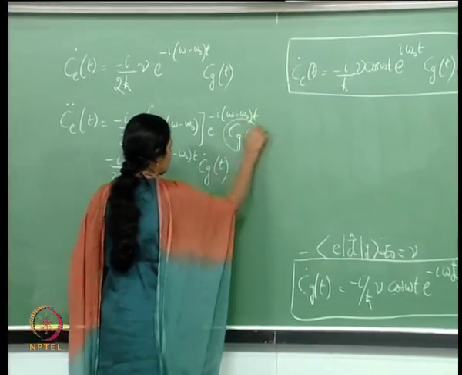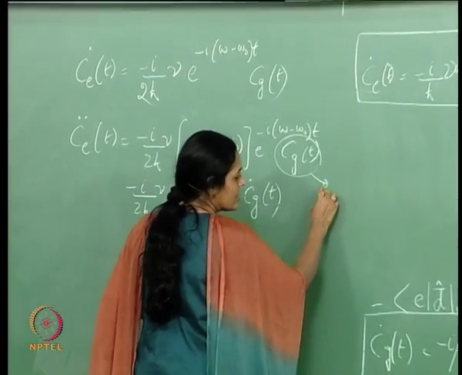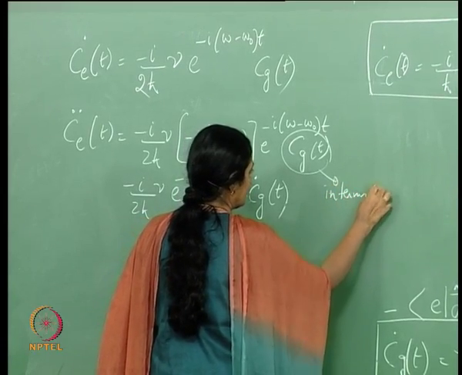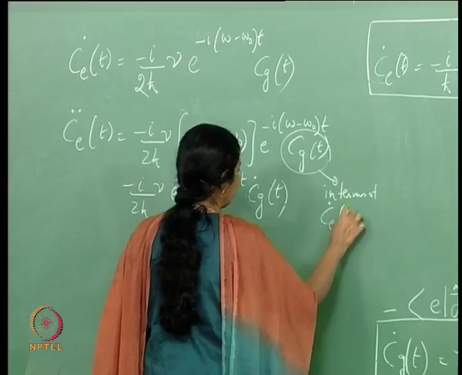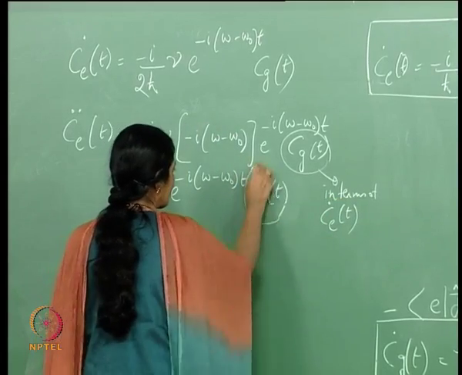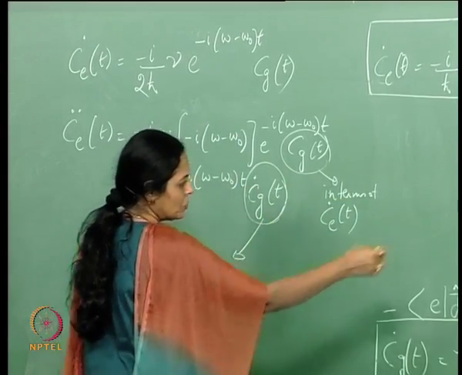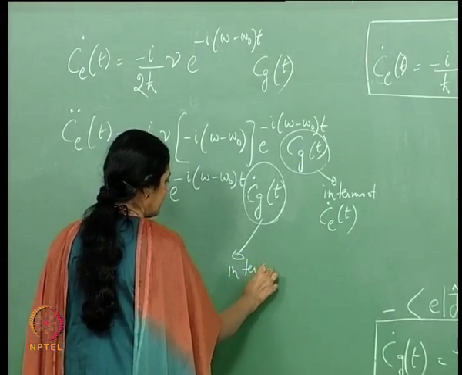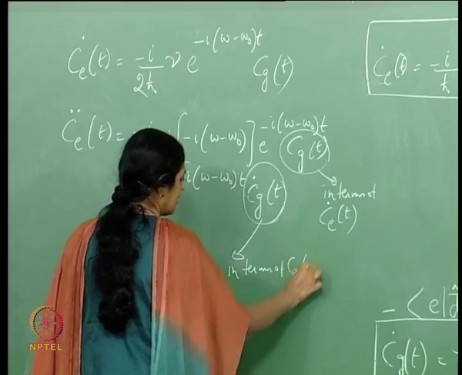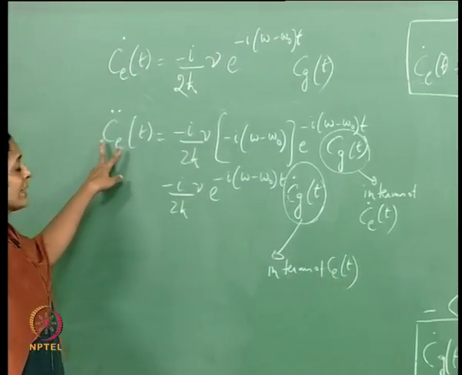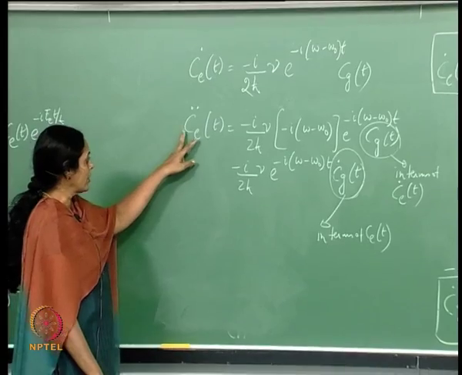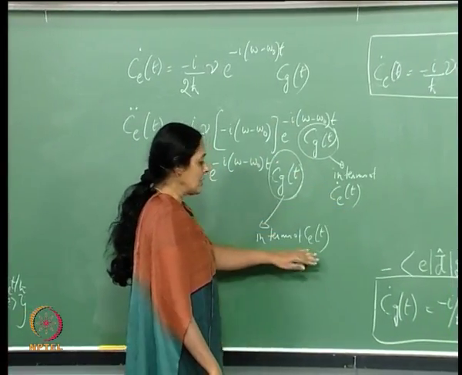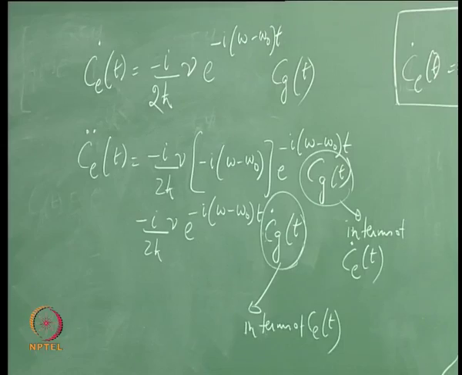So, this Cg of t is substituted for in terms of Ce dot of t. Then I have a Cg dot of t here, which gets written in terms of Ce of t, and therefore I get a decoupled second order equation, Ce double dot of t related to Ce dot of t and Ce of t.